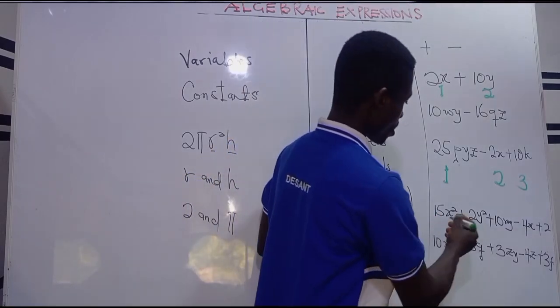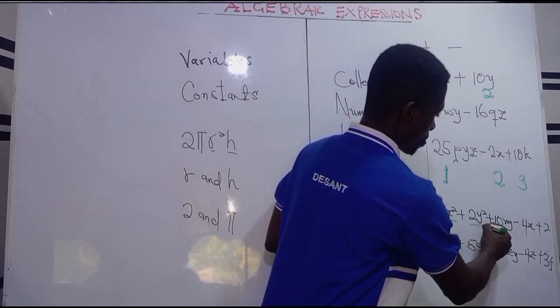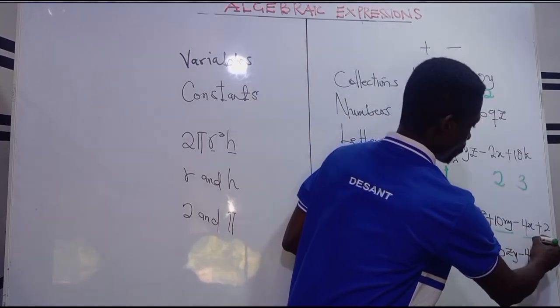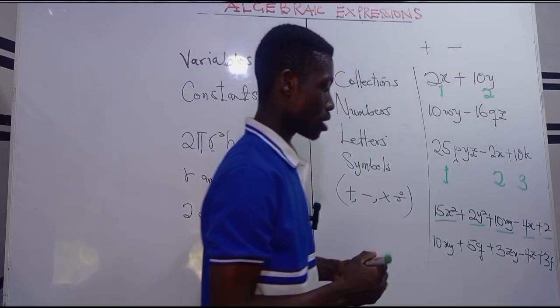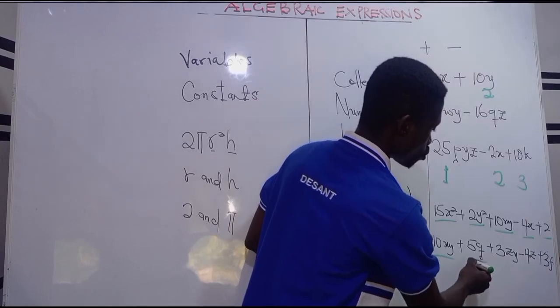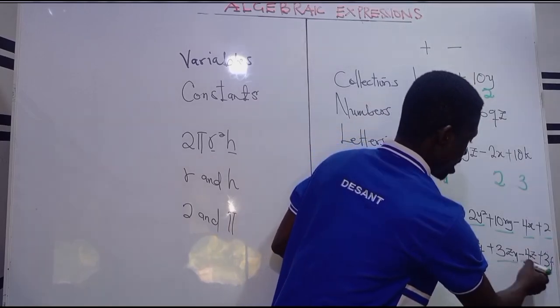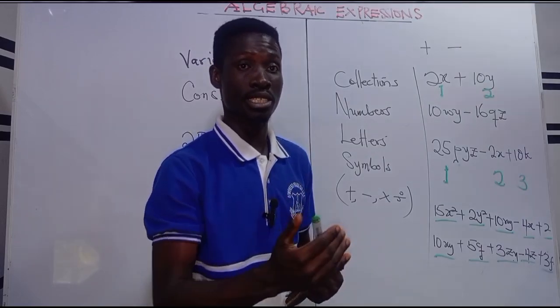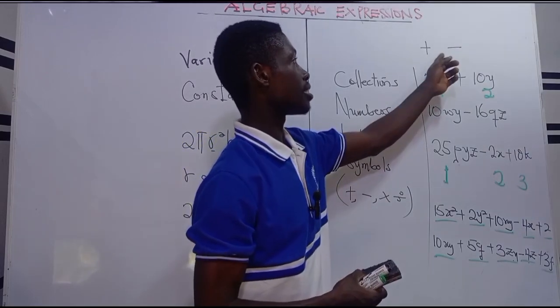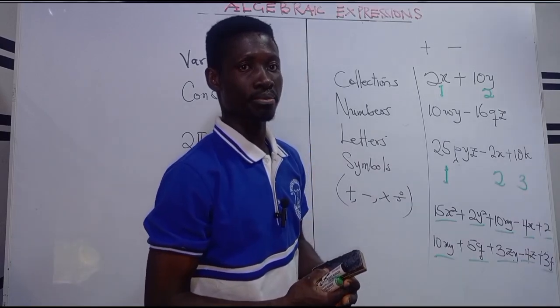So we have one term, 2, 3, 4, and then 5. We have 5 terms. What about this one? We have 1, 2, 3, 4, and then 5 terms, because we are saying that the terms in algebraic expression are separated by the addition or the subtraction.